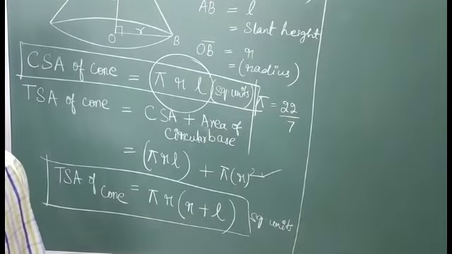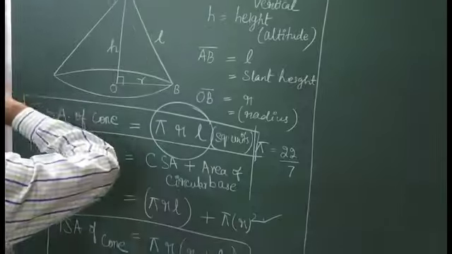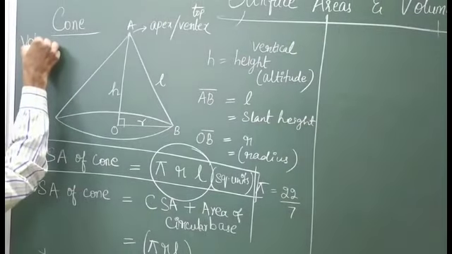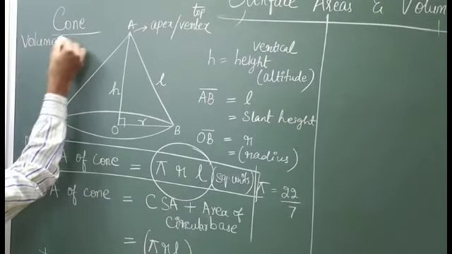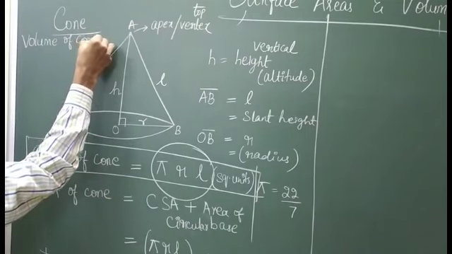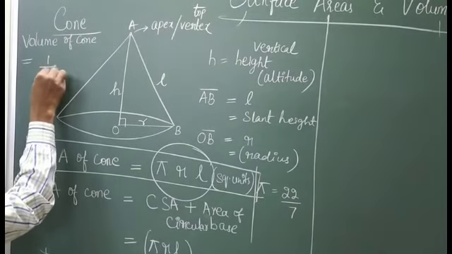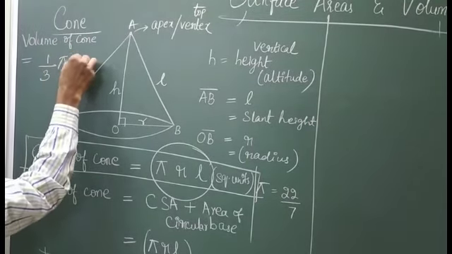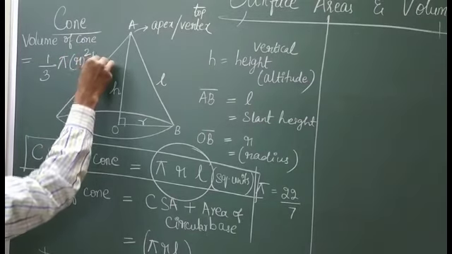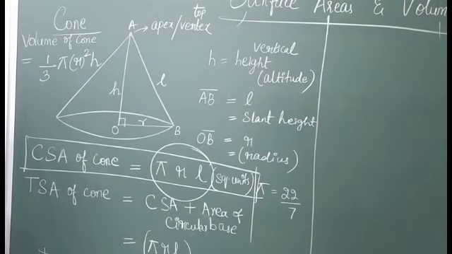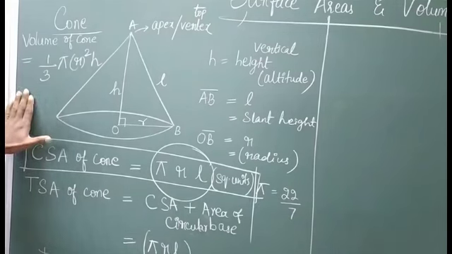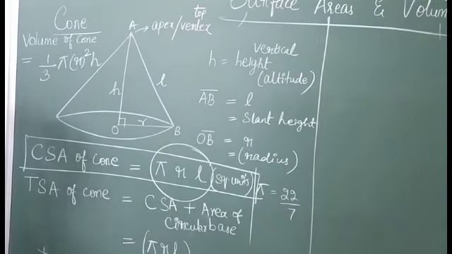Followed it. So when we speak about the volume of the cone, it shall be 1/3 pi r square h. So let us not try to derive anything here at this stage of your 10th standard.